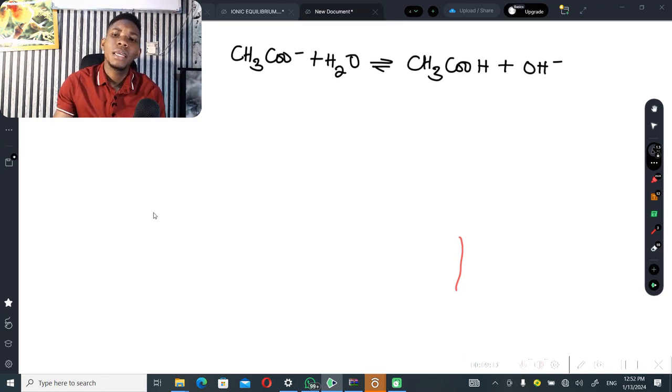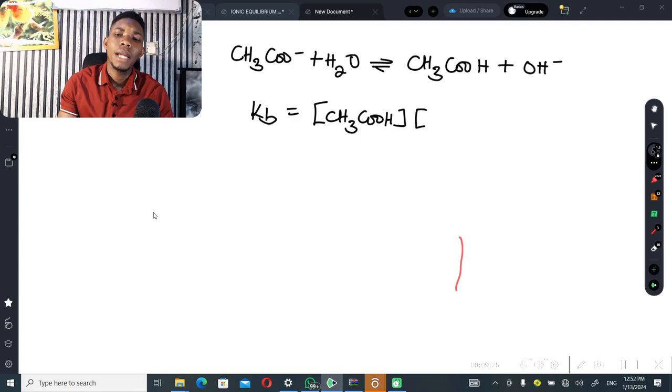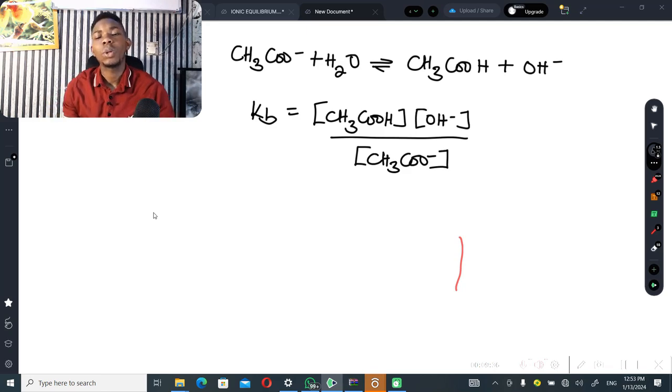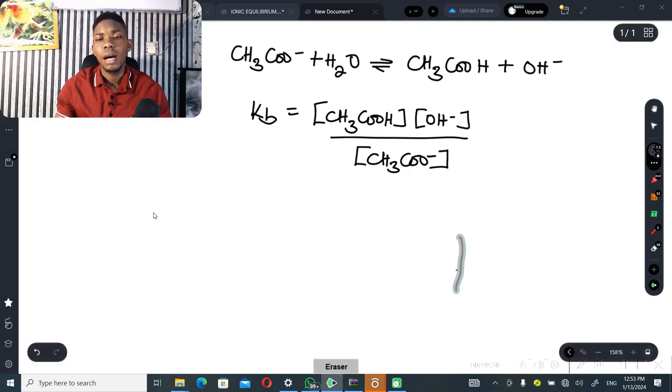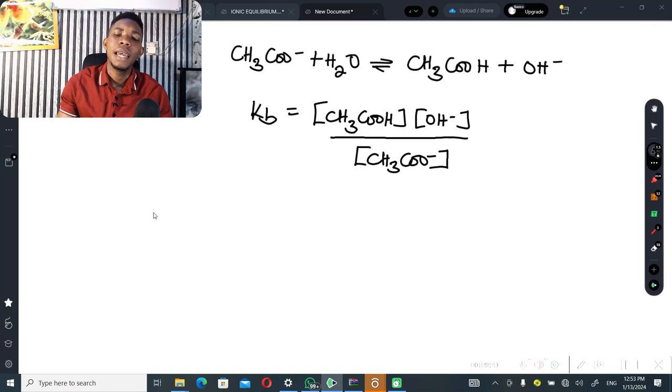Now, what was the Kb, the base dissociation constant? We are told that Kb would be equals to the concentration of the product, OH negative, divided by the concentration of the reactant, except of course the concentration of water, which is a pure liquid which does not change and hence does not show in the equilibrium constant expression.